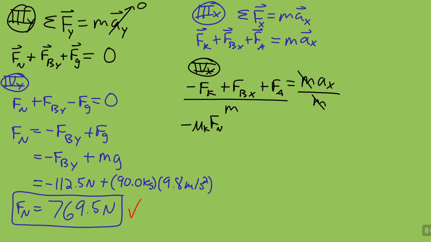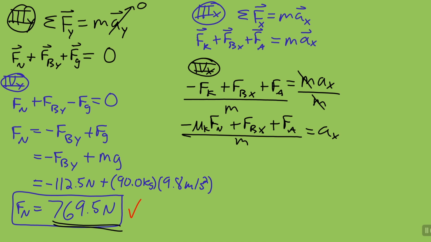So mu sub k we knew from the beginning. F sub n is this number that we just figured out down here. So that's now good, plus f sub bx plus f sub a, all of this divided by m. And this is going to give me a sub x.